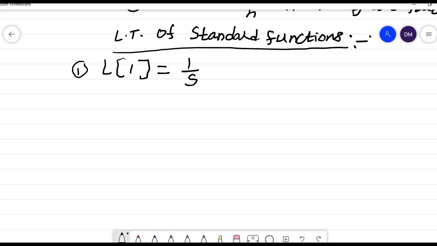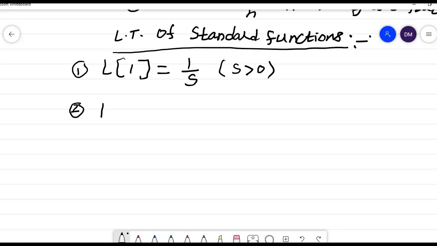Here s is greater than 0. What is that? Laplace transform of 1 is 1 by s. Right? We can prove this one by using the definition of Laplace transform, but the derivation is not required. We just have to know the standard formulas of the Laplace transform. Right? Now going to the second one.